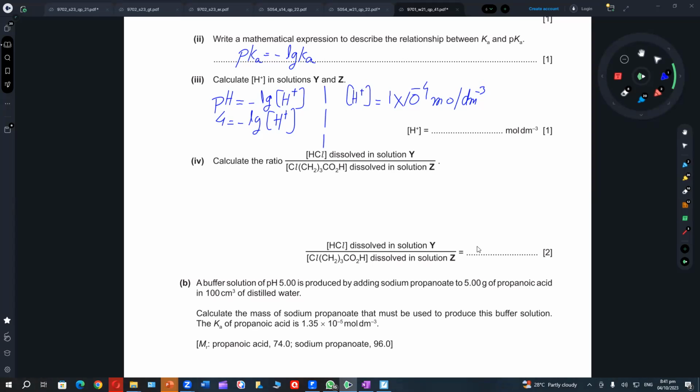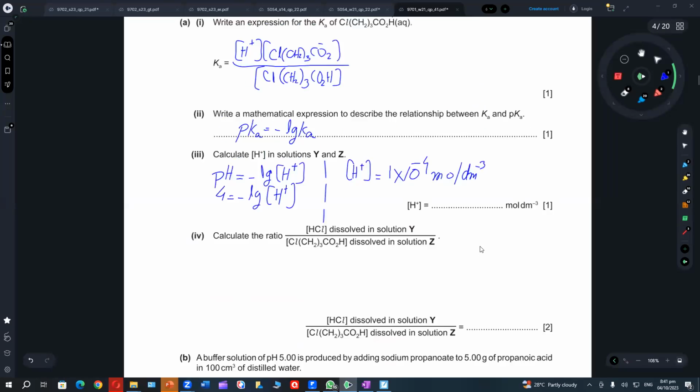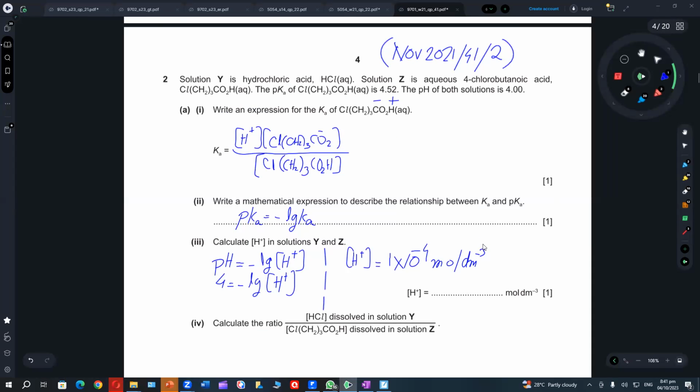Or we can find concentration separately. We have the concentration of H plus in solutions Y and Z. The pH of both solutions is 4.00. Both solutions have the same pH.